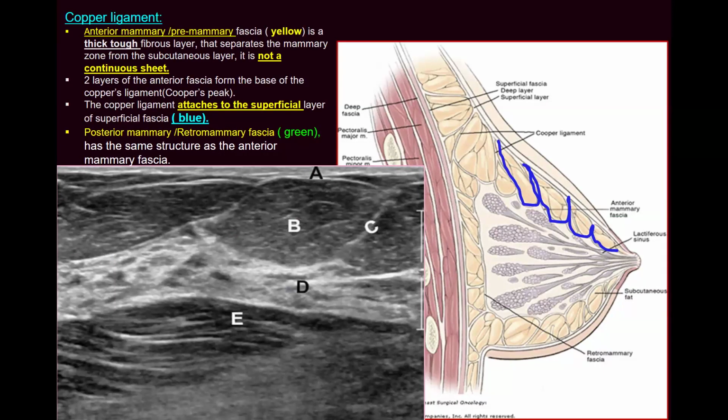How does the Cooper ligament form, or from where does it start? If you can see here, in blue, anterior to the mammary zone, we have which fascia? The anterior mammary fascia. So this blue is the anterior mammary fascia.